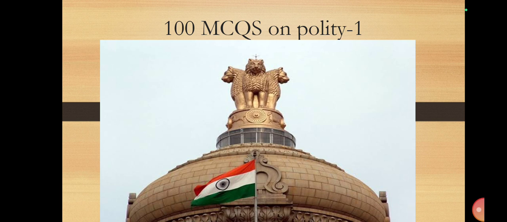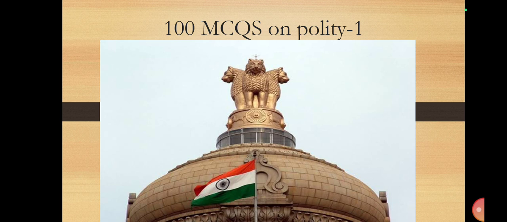Parliament may by law provide for the abolition of the legislative council of a state having such a council or for the creation of such a council in a state having no such council, if the legislative assembly of the state passes a resolution to that effect by a majority of the total membership of the assembly and by a majority of not less than 2/3 of the members of the assembly present and voting.